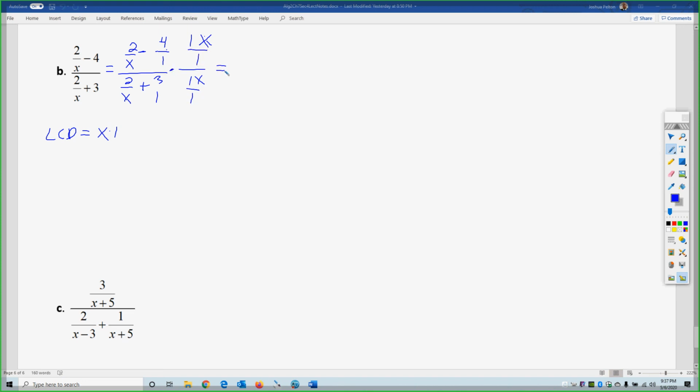So if I do that, I'm left with 2x over x minus 4x over 1. On the bottom, I get 2x over x plus 3x over 1. So this leaves me with 2 minus 4x over 2 plus 3x when the x's cancel.